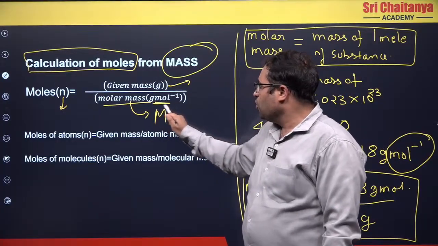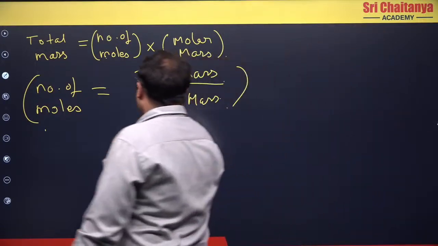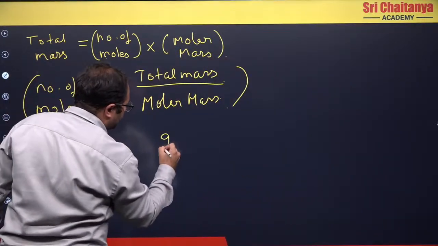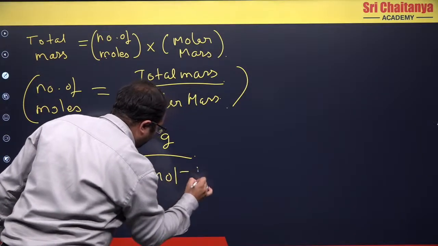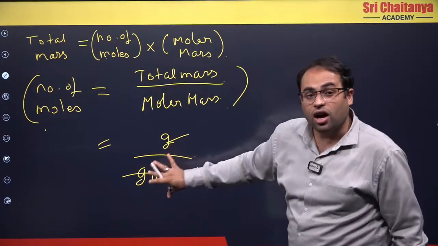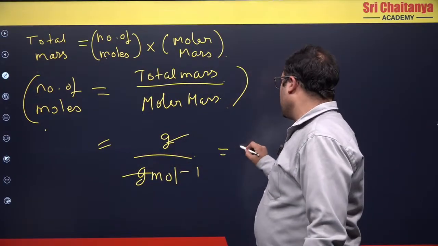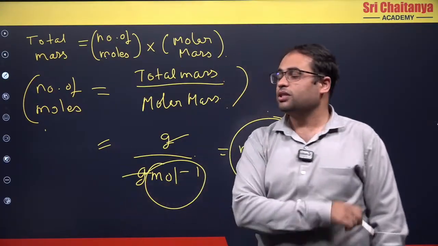So why I told you gram per mole? See, mass is in grams. Molar mass should be in gram per mole, because if it is not, here grams can cancel out. This mole inverse goes above and you get the answer in moles. That's why this mole inverse is important.